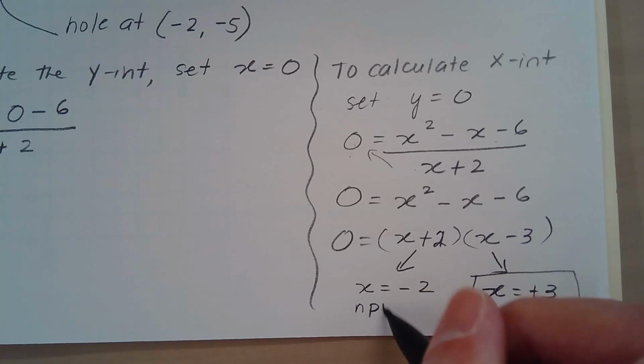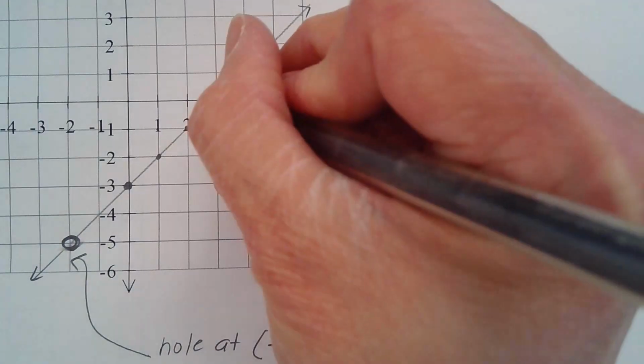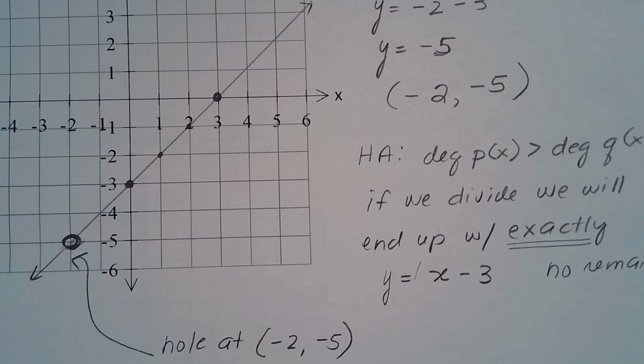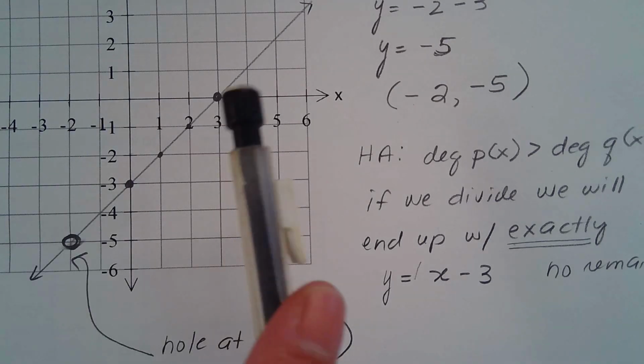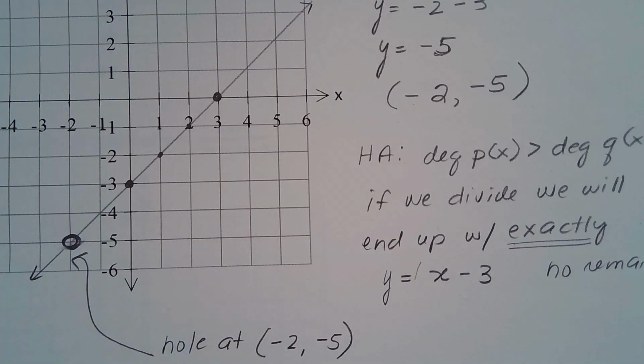If you look at our graph, here's our x-intercept at 3. So our algebraic calculation matches what we have in our picture. They have to go hand in hand. We can't calculate one thing and then graph a different thing, so they have to agree with each other.